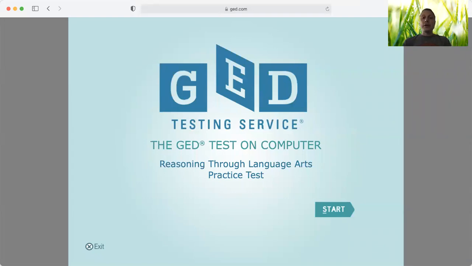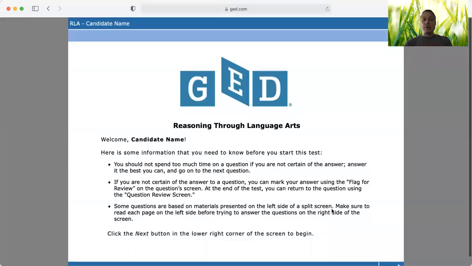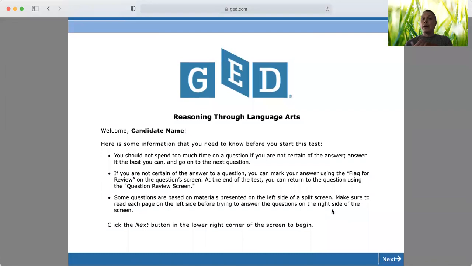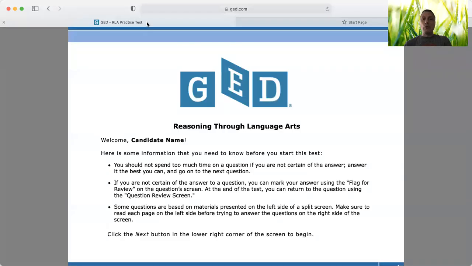So let's take a look here at the language arts and the reasoning behind it. I'm going to dive directly into our GED database and show you how these questions are going to be. Some strategies here that are very important are things such as they're stating here, not spending too much time on the question.